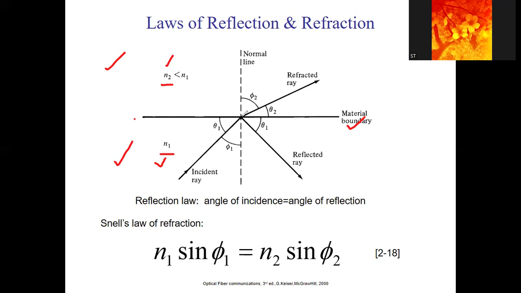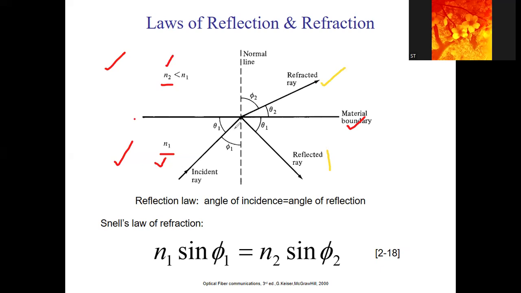Some of the light gets reflected back into the same medium, and this is known as the reflected ray. Some of the light enters the second medium.